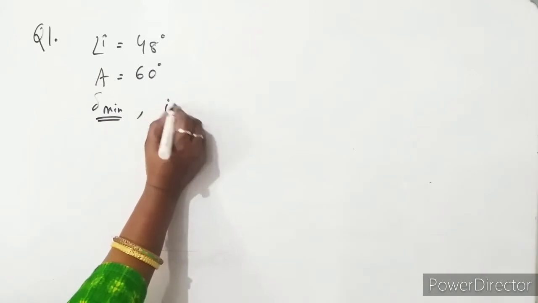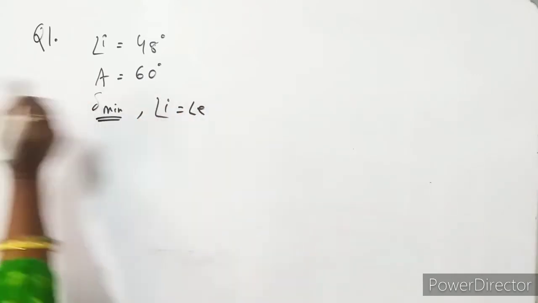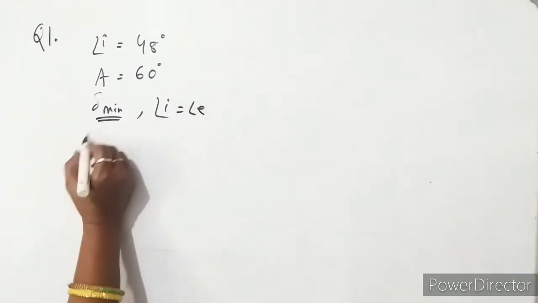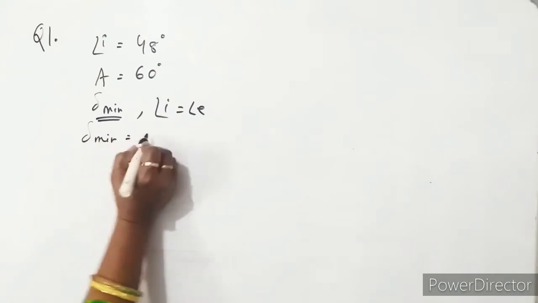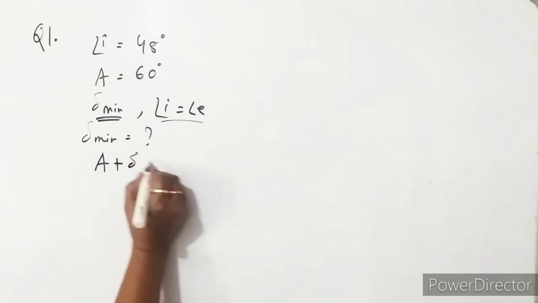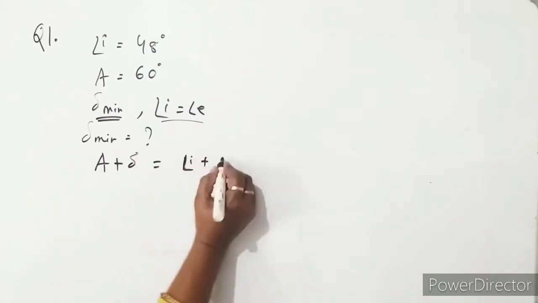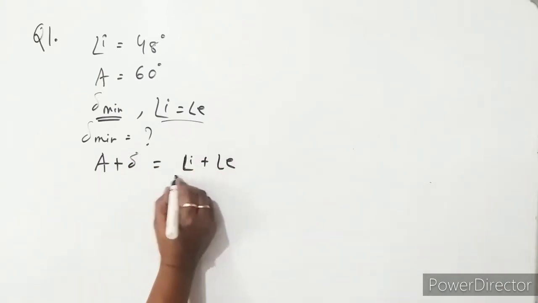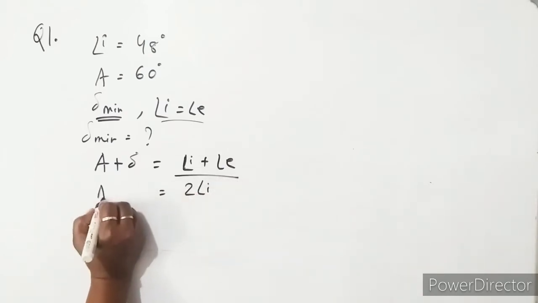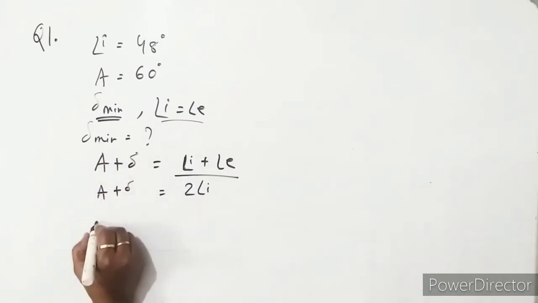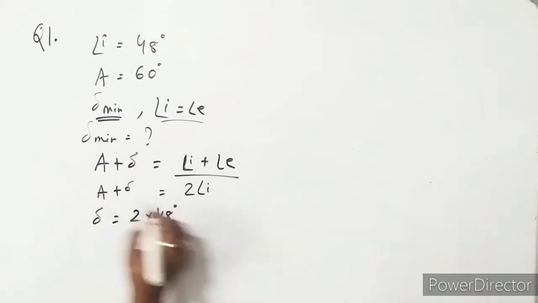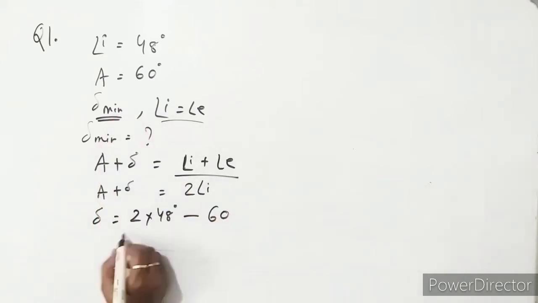So the condition is that I equal to E, and here calculate this angle of minimum deviation. So delta minimum to find out. What is delta minimum to find out? Okay, so here we have the formula A plus delta equal to I plus E. Here I plus E we can take equal to 2I, so delta equal to 2I, which is 48 degree, minus A equal to 60 degree.